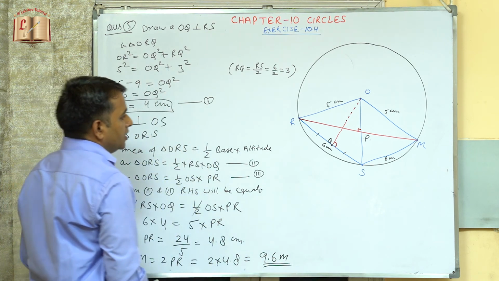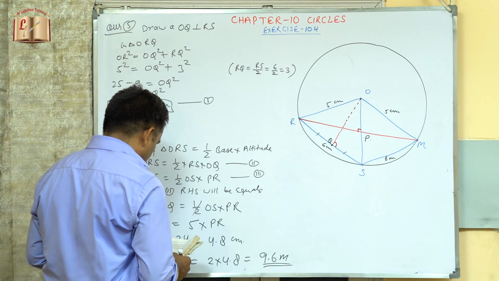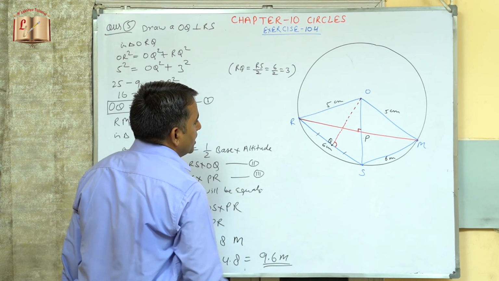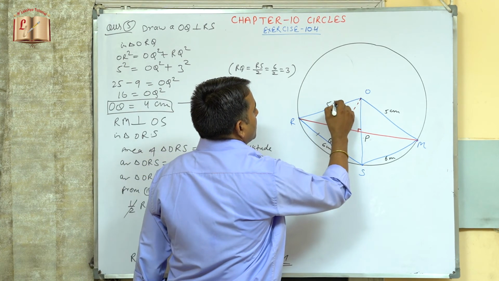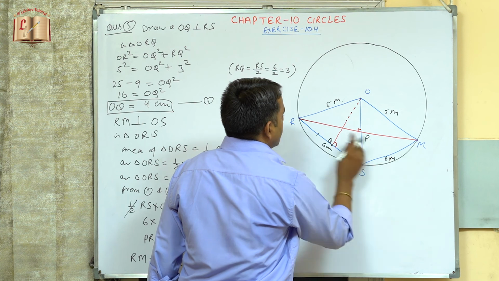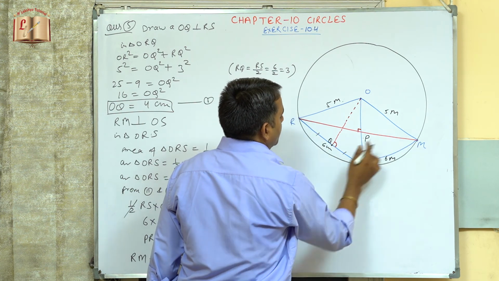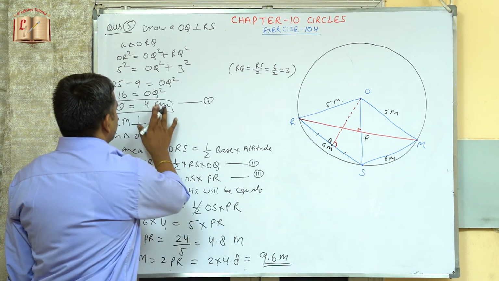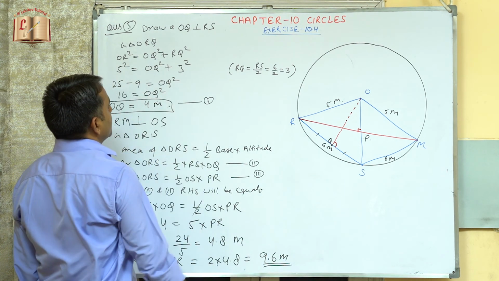So this is now 9.6 meters. These dimensions are given in meters, so we will write meters only. So we got the distance between Reshma and Mandeep as 9.6 meters.